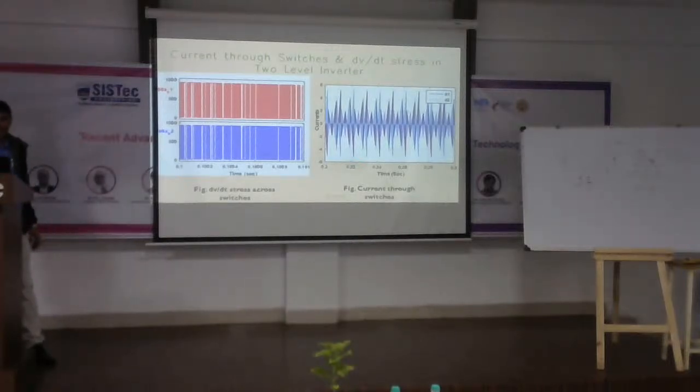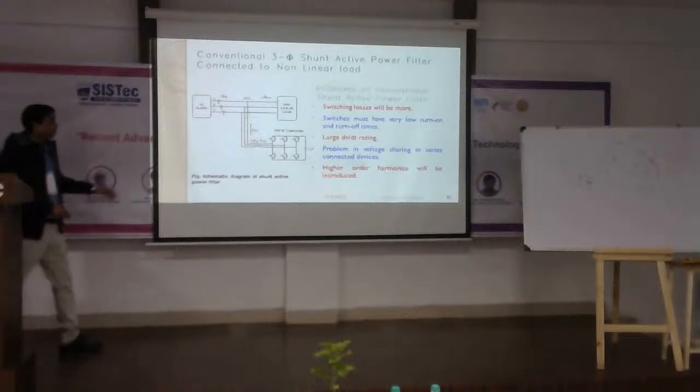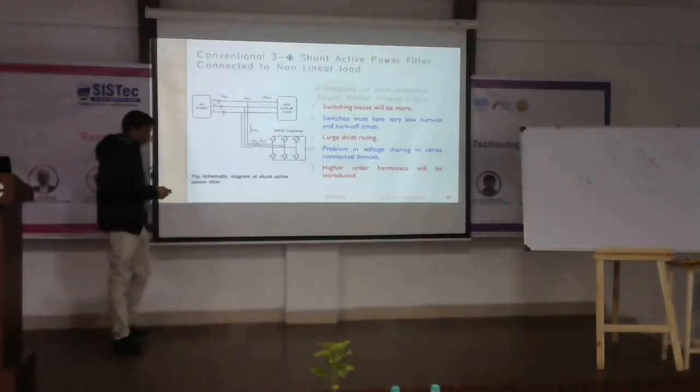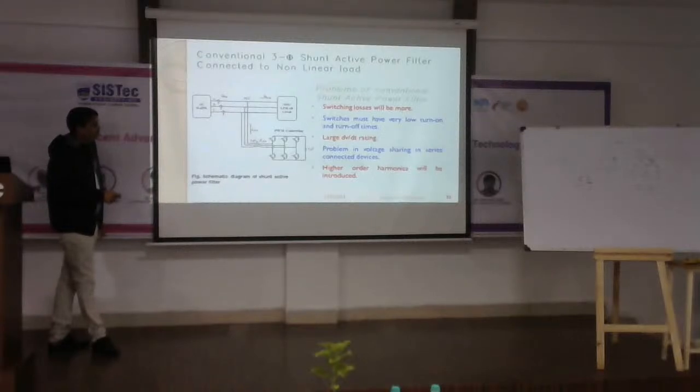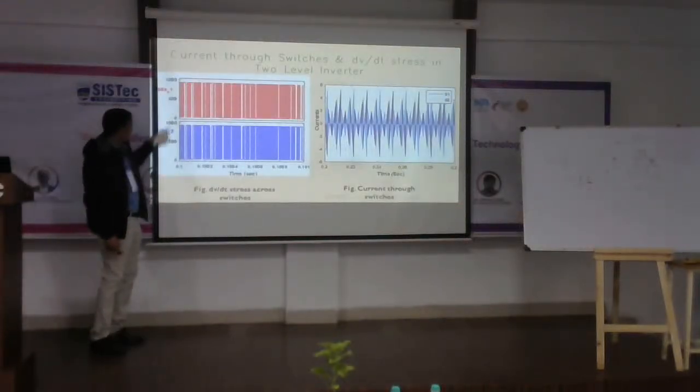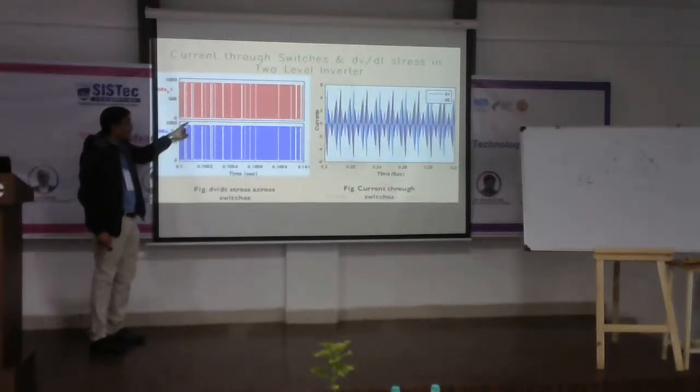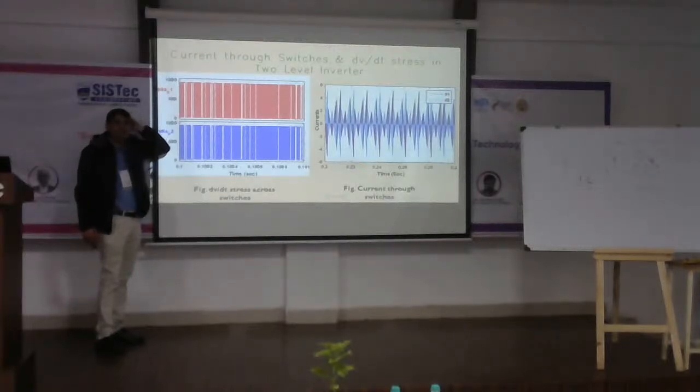So I am taking these two switches. Okay. So you can see the voltage stress across individual switches is around 1000. I am applying a voltage of around 1000 volts, so voltage stress is around 1000 volts on each switch.